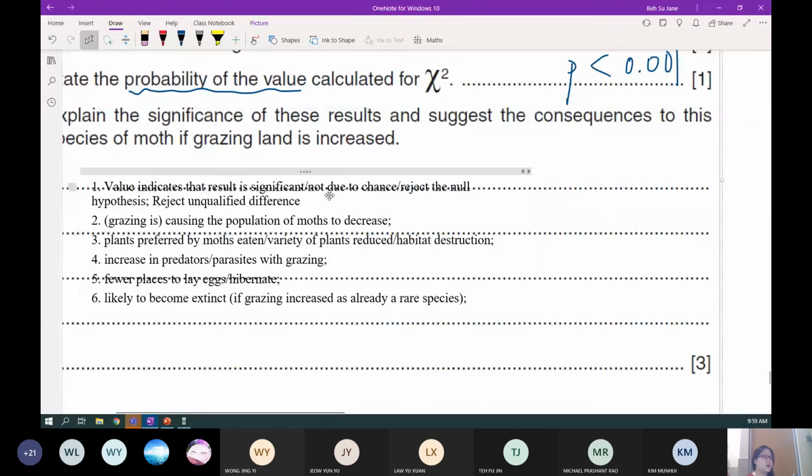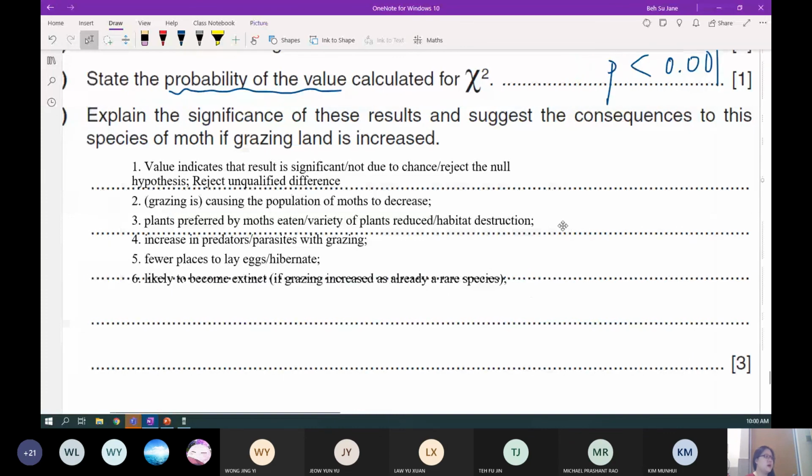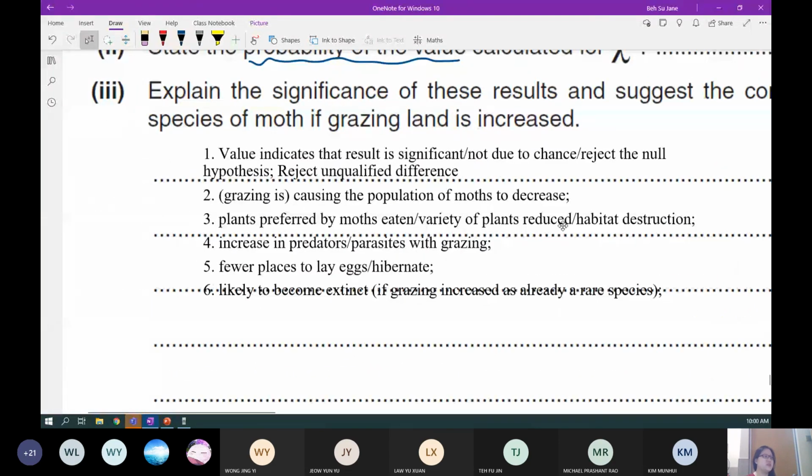The first thing we should talk about is explaining the significance. So it is significant. It is not due to chance. You reject the null hypothesis. All this is 1 mark. Sometimes these 3 lines can be 3 marks, depending on the question. This one has 2 questions in one, so this is only 1 mark.